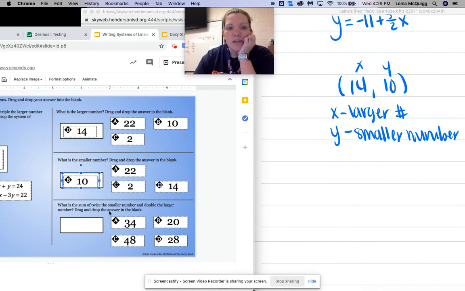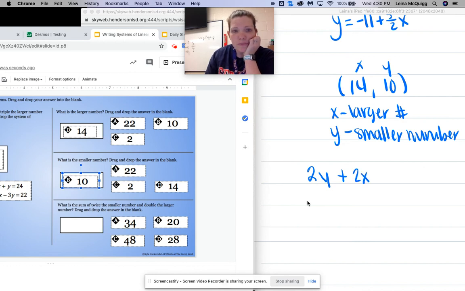What is the sum of twice the smaller number and double the larger number? So the sum means add. Our smaller number was y. Twice means 2 times. Double also means 2 times the larger number. So what's the answer?